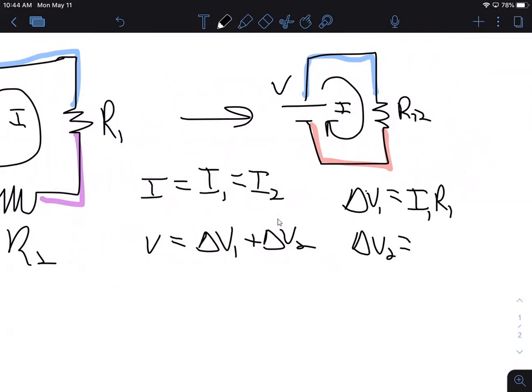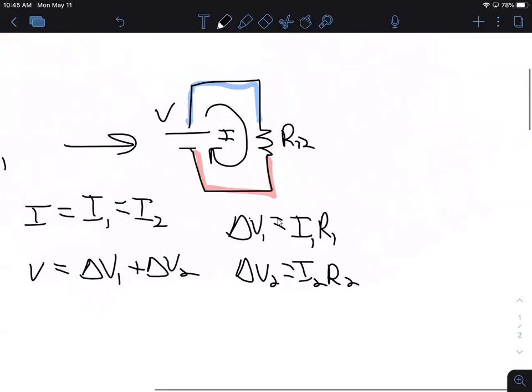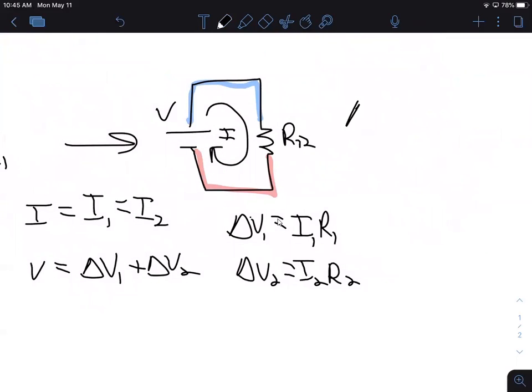Delta V2 would be I2R2. And in this case here, delta V would be IR12. And in this case, delta V is just V from the battery.